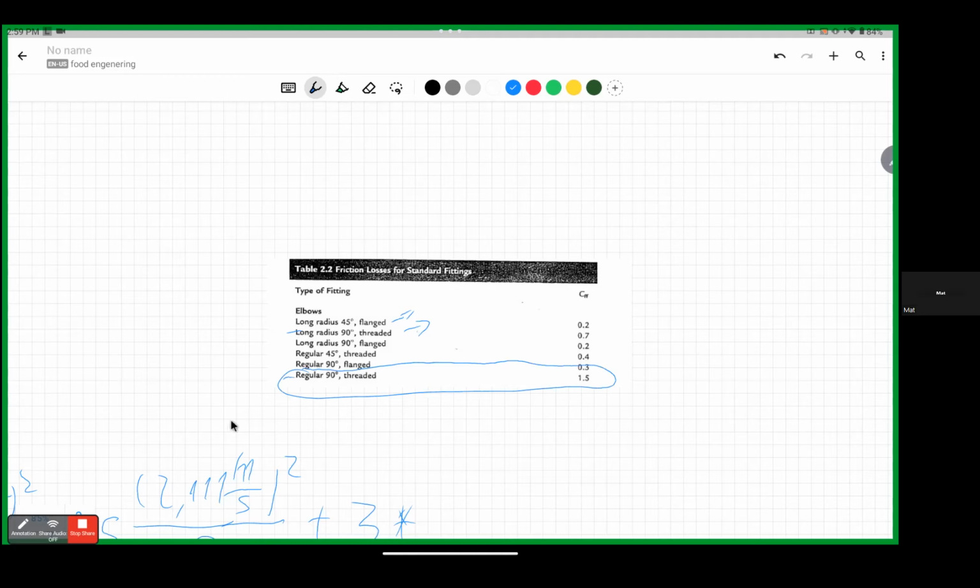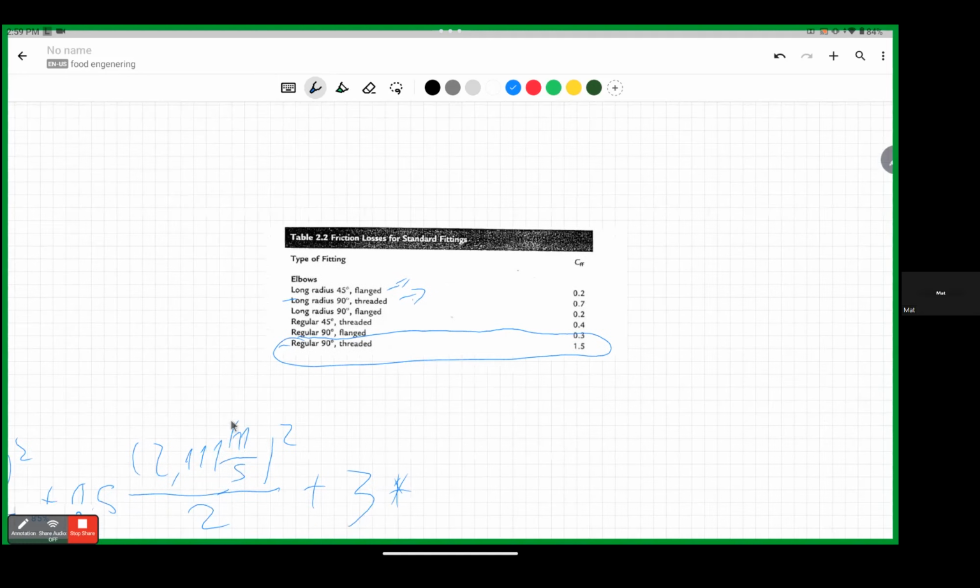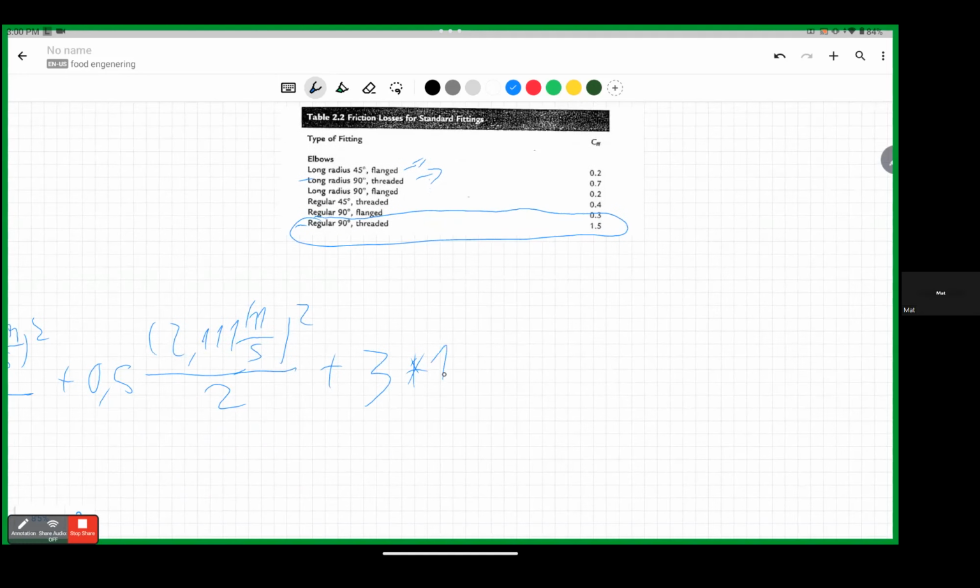Okay, in this case we are using 1.5 for our coefficient, but we have 3 of them. Remember, you need to multiply it by the number of the elbows you already have, and it's the same thing with the velocity with 2.11.